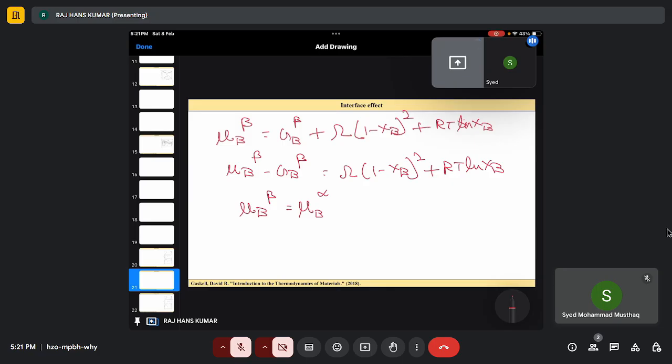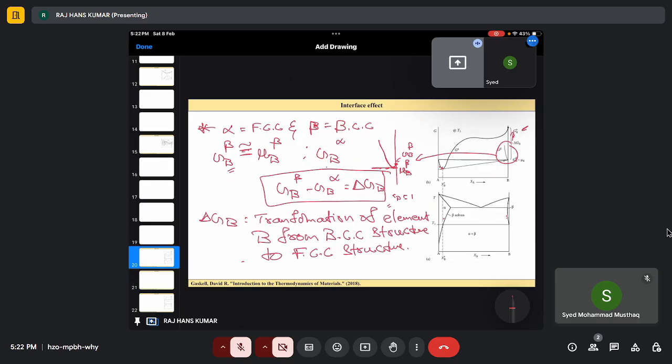So then this will turn out to be gb alpha minus gb beta equals omega times 1 minus xb square plus RT ln xb. What is this? This is delta gb, right? Now, again, here xb is very, very low, like less than 1.